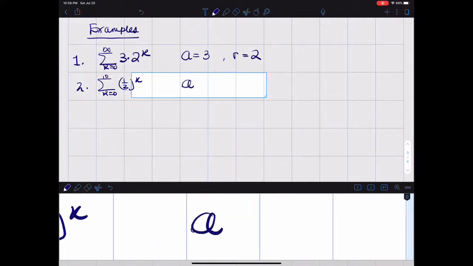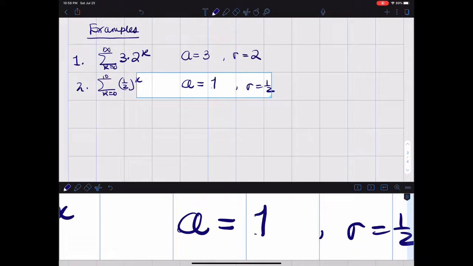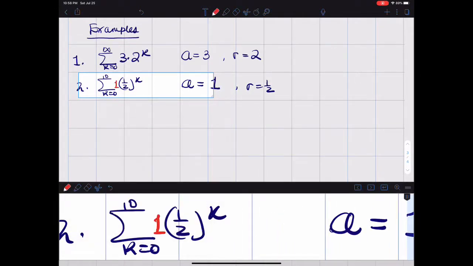In this case, we know our r. Let's write our r first. r is 1/2. Our a is just 1, because you can think of having an invisible 1 over here.